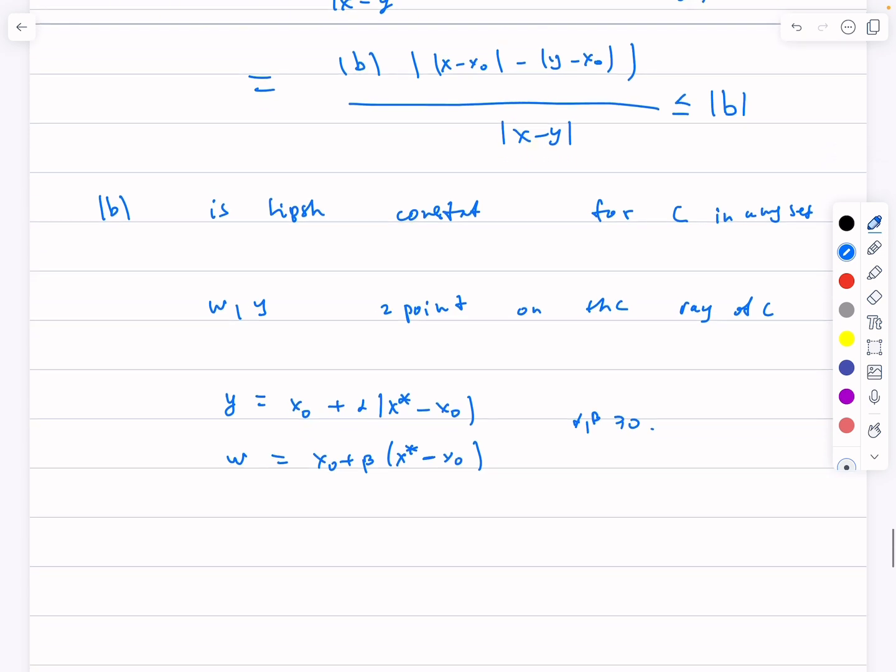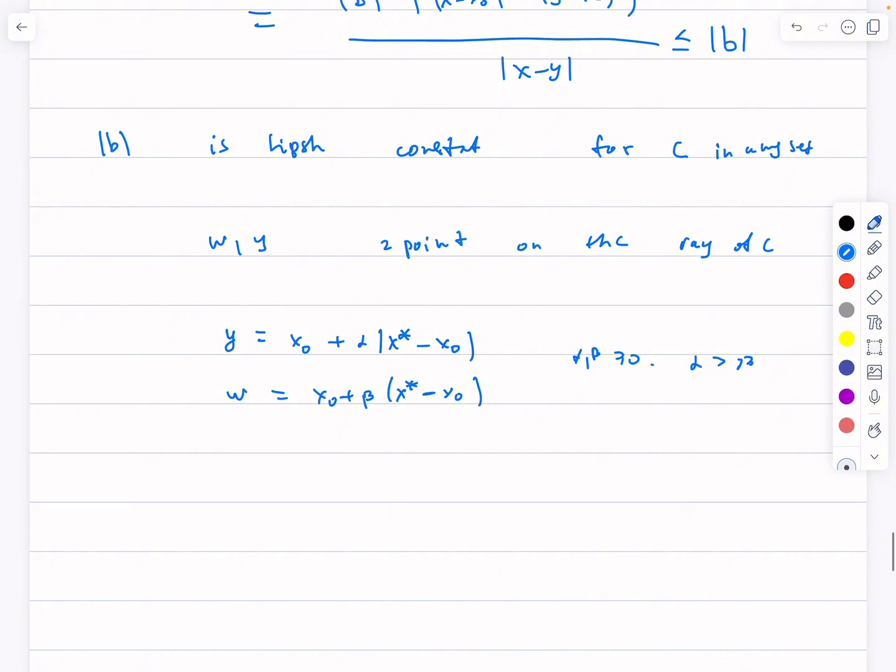What does it mean? Actually, now we are saying that we have not a ray which passes through x, but any line passing through any x, like this. We have a ray like this, this is x0, or doesn't matter, maybe like this.